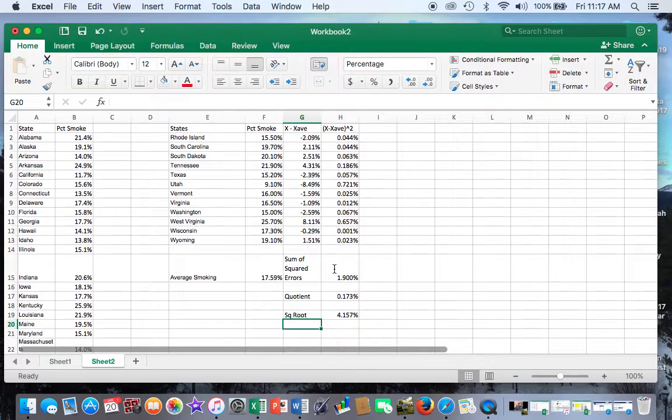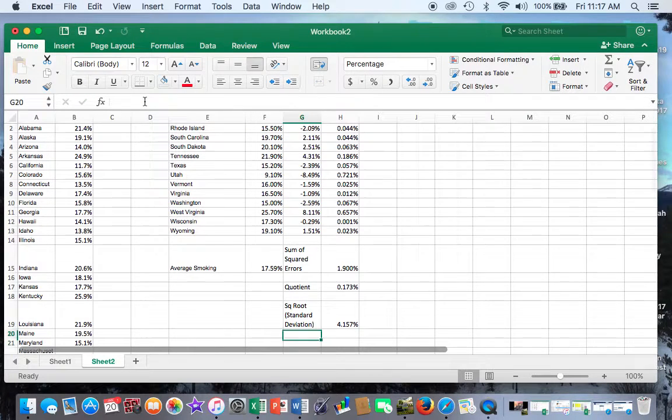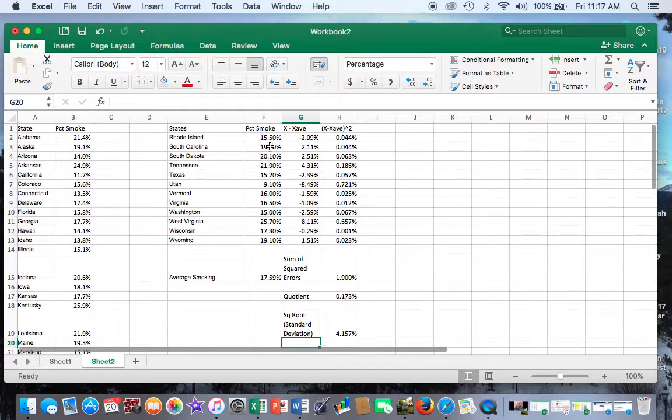And I find that, and so this is, let's go back up here. This is going to be a bit of a long term, but this is also then the standard deviation: 4.157%. Okay, and that seems reasonable.